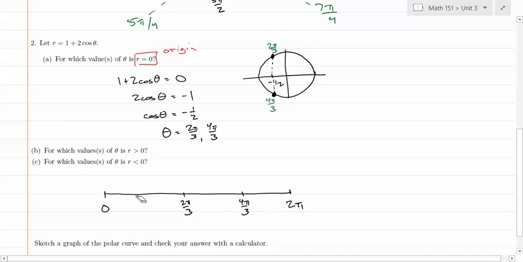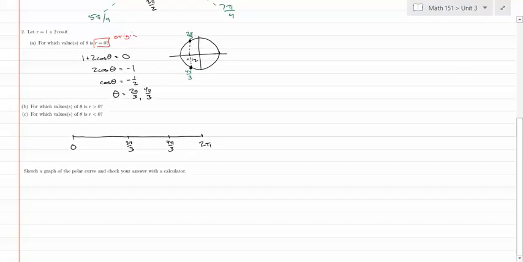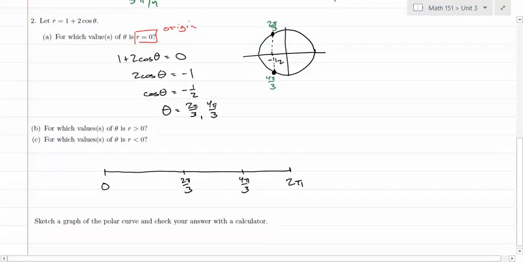You can test it with a calculator or by thinking about the unit circle. If you plug in a theta value between 0 and 2 pi over 3, somewhere here on the unit circle, cosine theta would be positive, so the whole thing would be positive.